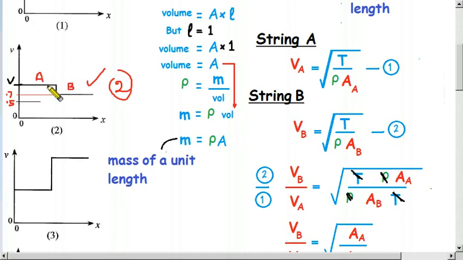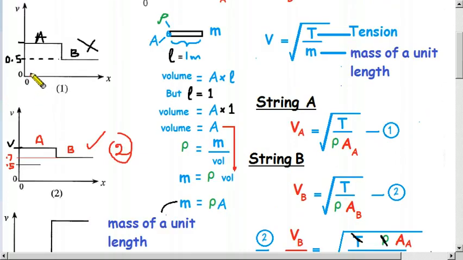So the second one is correct, because roughly the velocity in stream B, compared to A, the magnitude of the velocity shows here 0.7 or something close to that, but it is not 0.5 here.